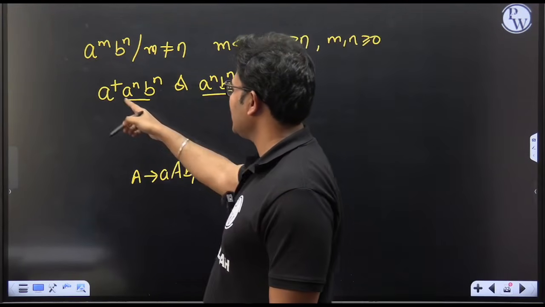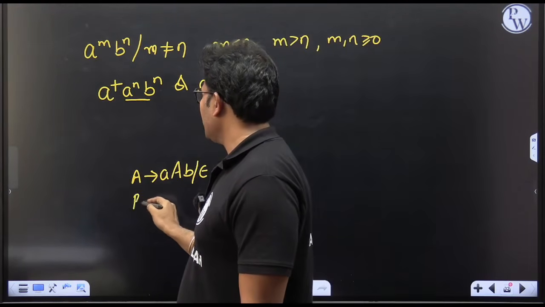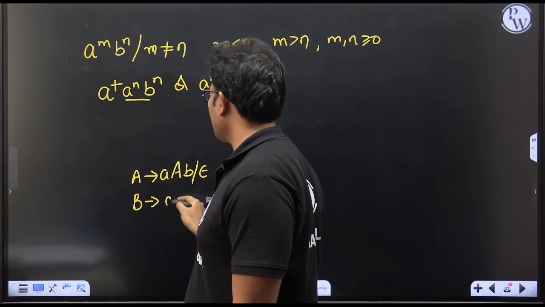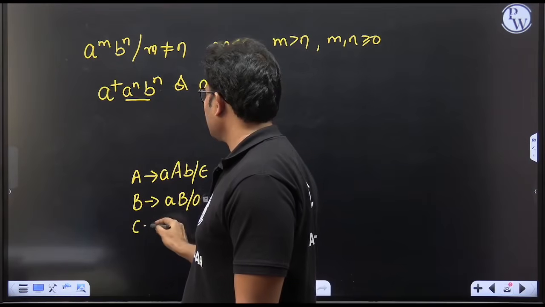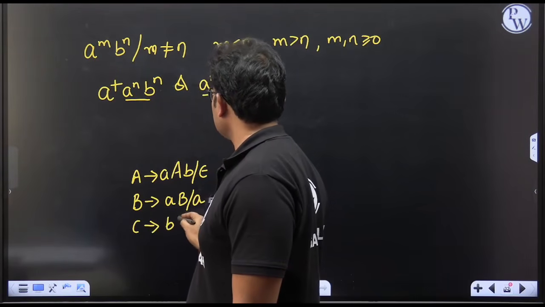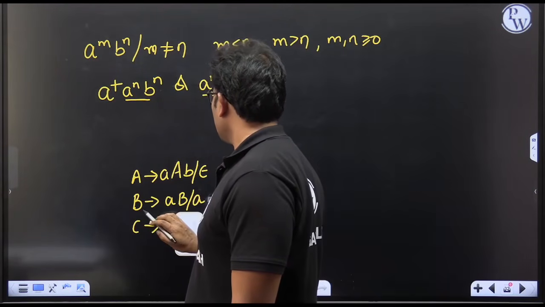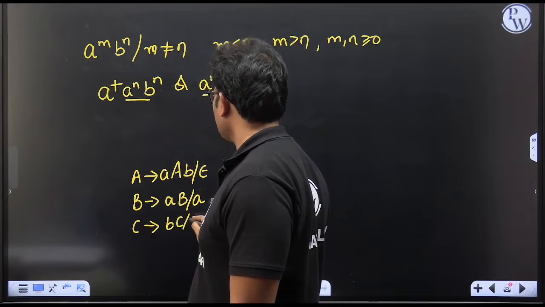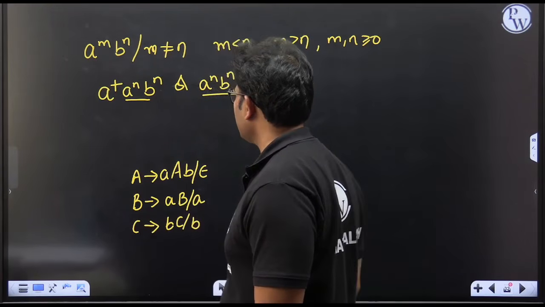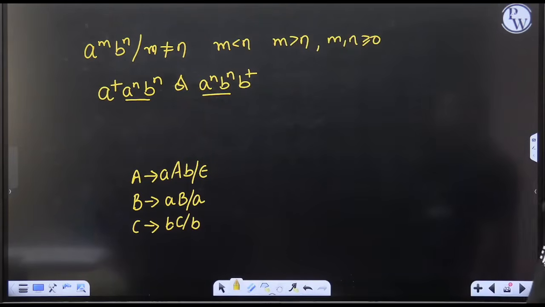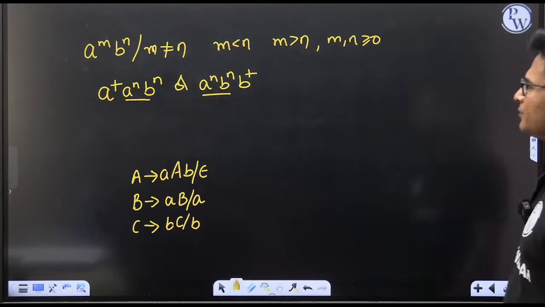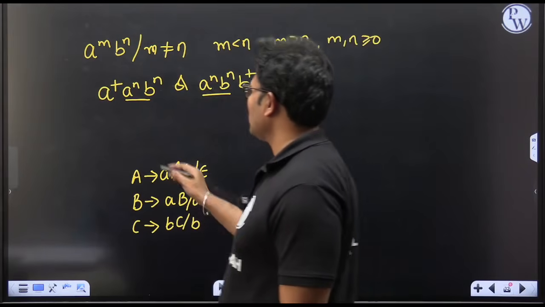Now you generate a star: A derives aA or a, and B derives bB or b, and C derives bC or b. Right? Now what will happen?